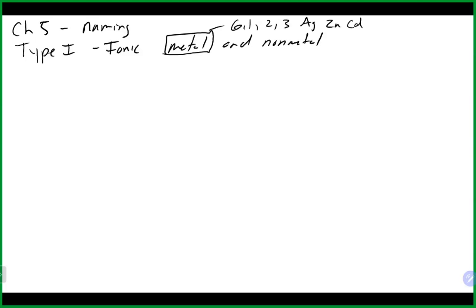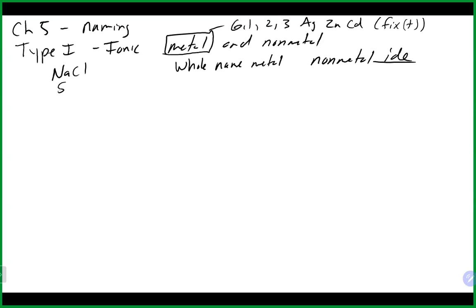And what they all have in common is they have fixed positive charges. So all you need to recognize, and you're going to use the whole name of the metal. And remember that the non-metal pretty much gets the IDE at the end of it. So obviously that's something like NaCl, that would be sodium chloride.